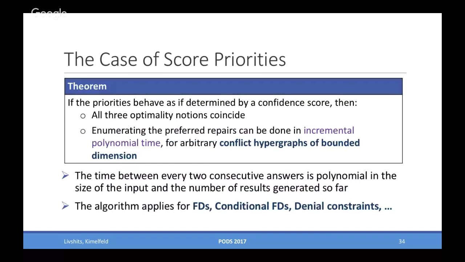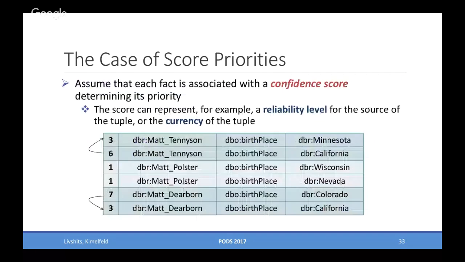Finally, I want to show you another interesting result that we have in this paper, which holds in the case where the preference relation behaves as if determined by a confidence score. So in this case, we basically assume that each fact in the database is associated with some confidence score, okay, that can represent the reliability of the source of the data if we integrate the data from different sources, or the currency of the fact if we have timestamps, and so on.